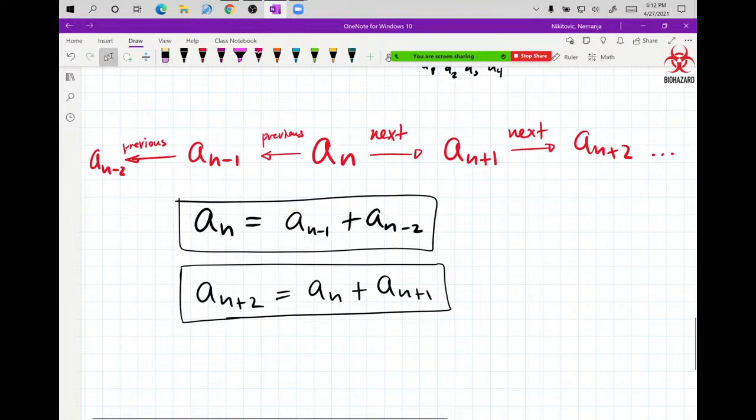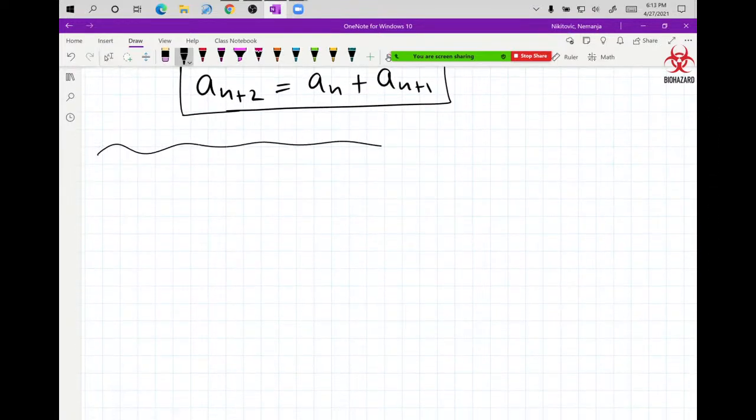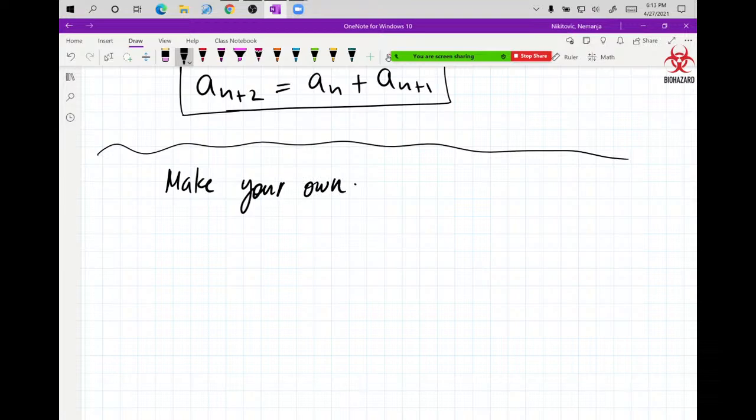Now, you can make your own recursion equation. Make your own. Literally anything. How about a_(n+1) is 2a_n minus a_n over 2, just to be annoying, right?